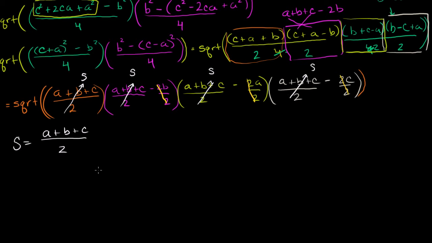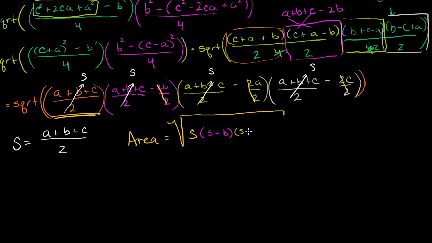So this whole equation for our area is now equal to, I'll rewrite the square root, the square root of s, times s minus b, times s minus a, times, and we're at the last one, s minus c, and we have proved Heron's formula is the exact same thing as what we proved at the end of the last video.